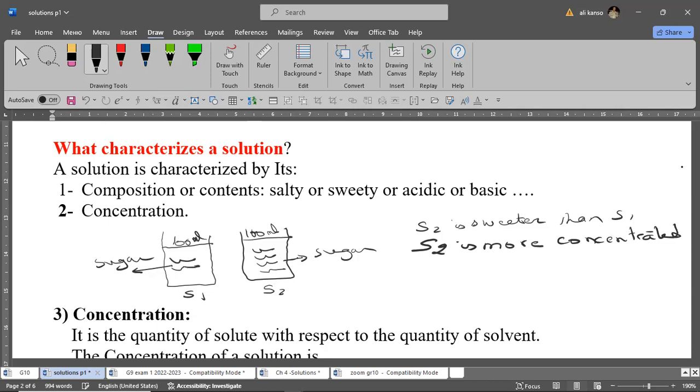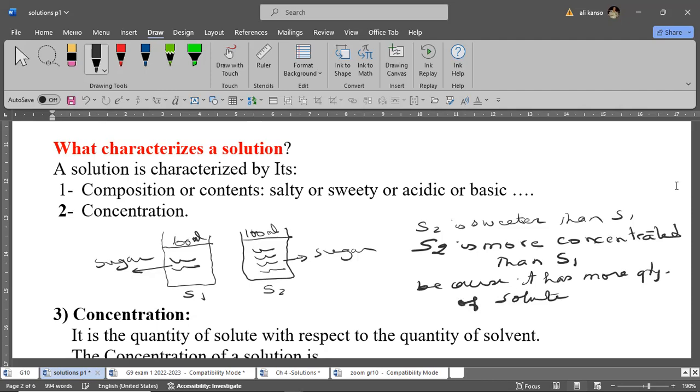Why? Because it has more quantity of solute.